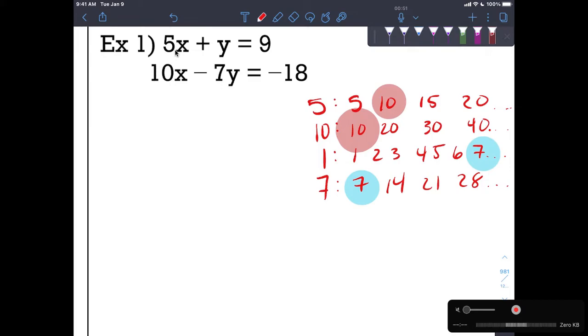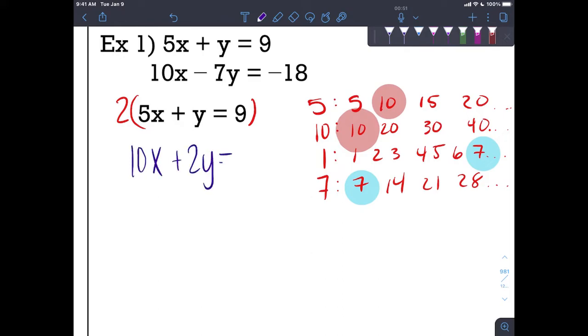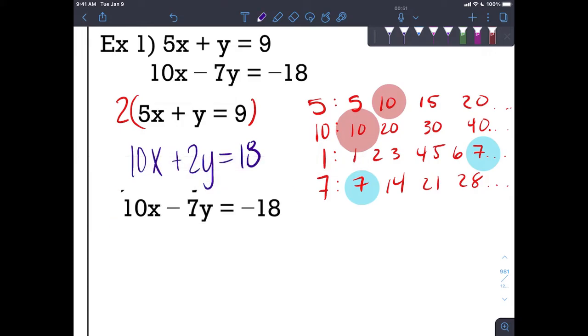So I'm going to go ahead and take that first equation, and I'm going to multiply it by 2. Okay, now I have my equation multiplied by 2. Excuse me, it should have been -2 because we want to make zero pairs.